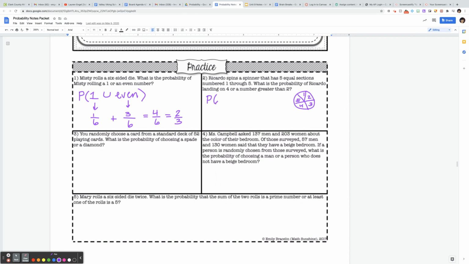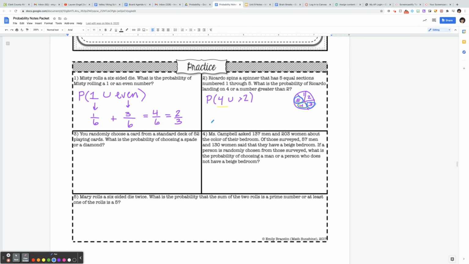Okay, so if I wanted to write this in probability notation, I would write it like this. Probability of rolling a 4 or rolling a number, I'm going to use an abbreviation, say greater than 2. Okay, so that means rolling a 4 would be selecting just this one right here. But then rolling a number greater than 2, I have multiple options, right? I have 3, 4, and 5.